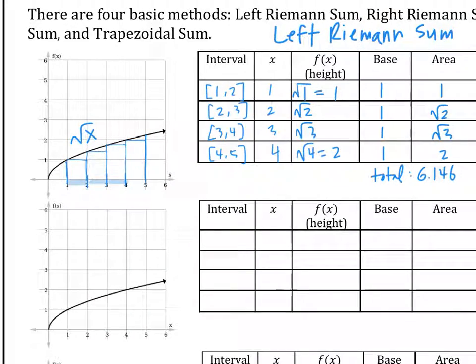This next one is the right Riemann sum. Okay, I think you guys can do this one. So it's still from 1 to 5, but this time we're going to use the right-hand side of each interval.